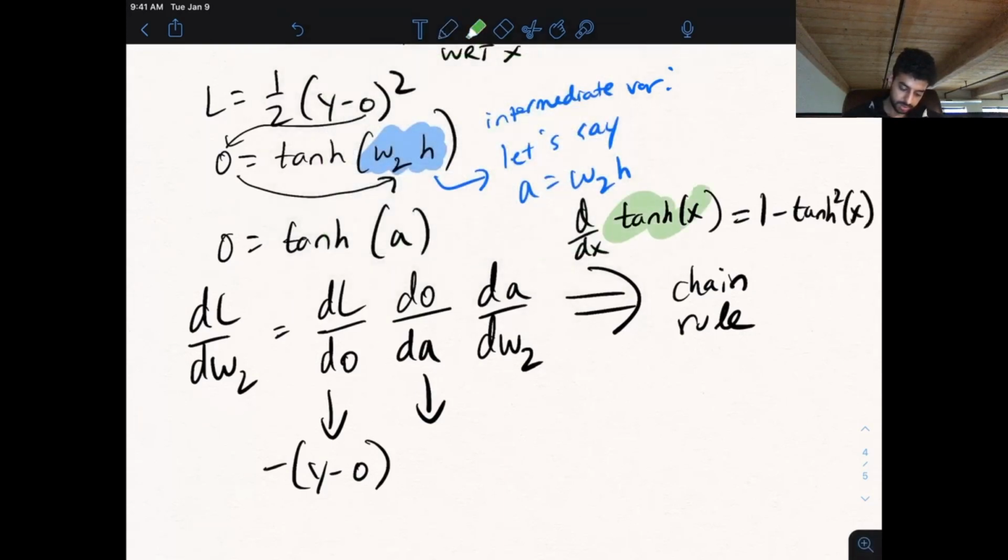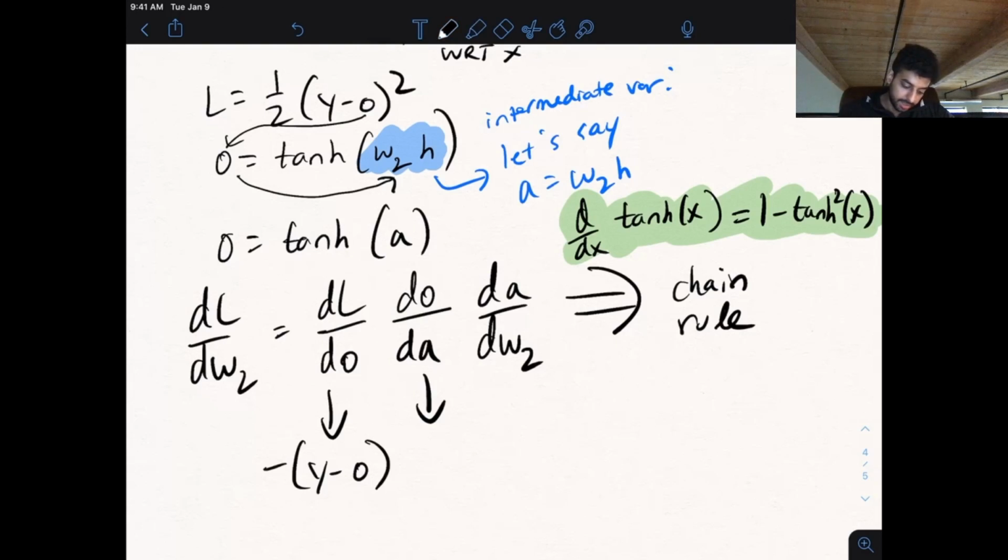Like this. So a nice property of this function tanh is that its derivative includes the computation of the original function. So there's no need for me to compute tanh of x again to compute the derivative, because all I have to do is just square the original computation.